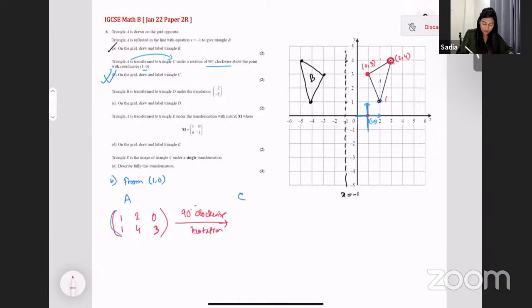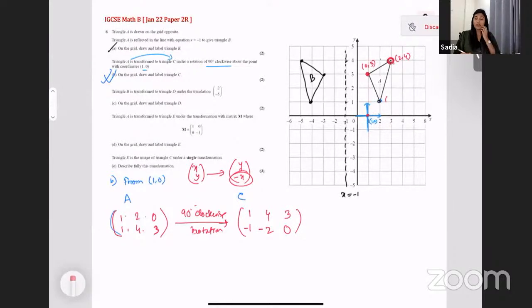And we know that for 90° clockwise rotation, the conversion is (x, y) goes to (y, minus x). So I will just flip these positions: 1, 1, 4, 2, 3, 0, and then we have a negative sign, so 0 is 0. So 1, minus 1; 4, minus 2; 3, 0. These are the coordinates of your image, which is triangle C.